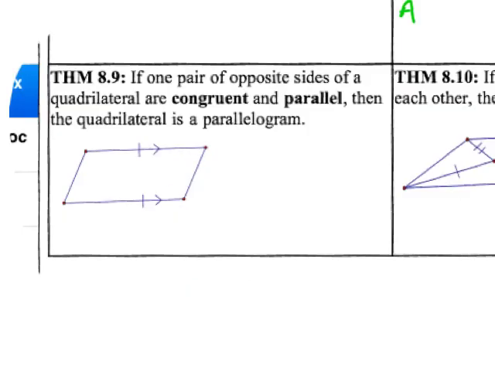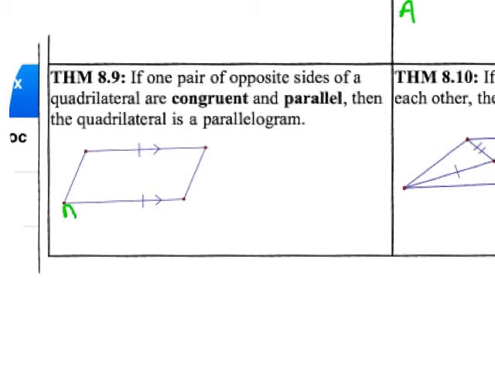Theorem 8.9 says that if one pair of opposite sides of a quadrilateral are congruent and parallel, then the quadrilateral is a parallelogram. This one's a little different. We've got two things, congruence and parallel. If I know those two things, then the quadrilateral has to be a parallelogram.